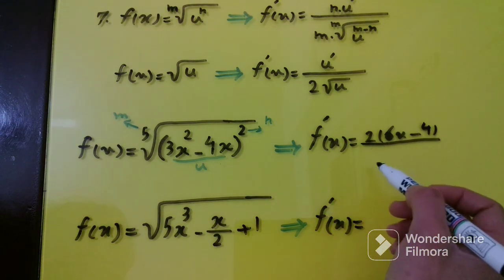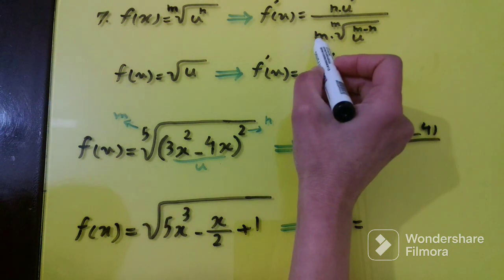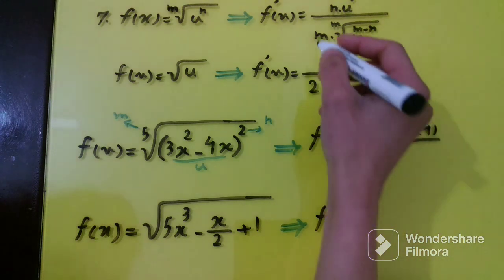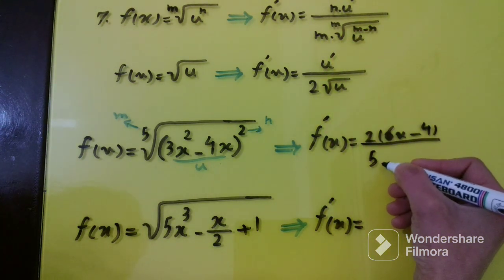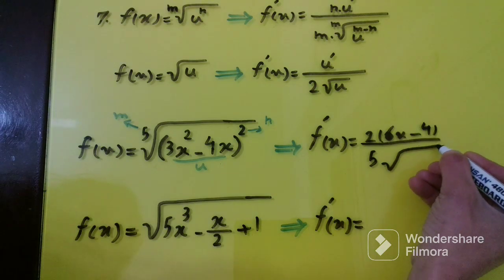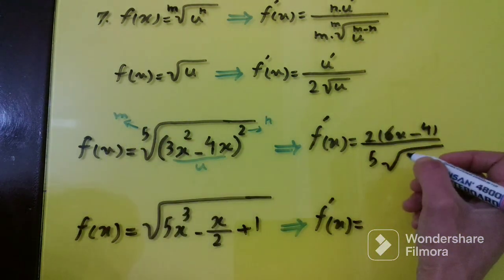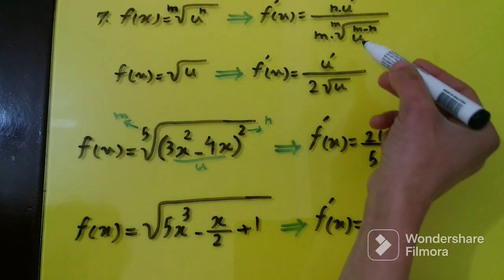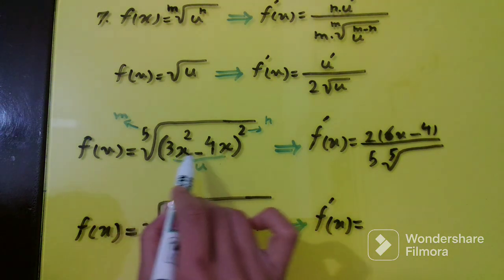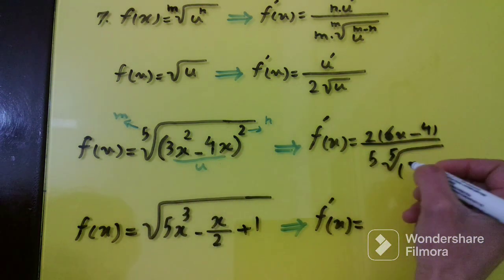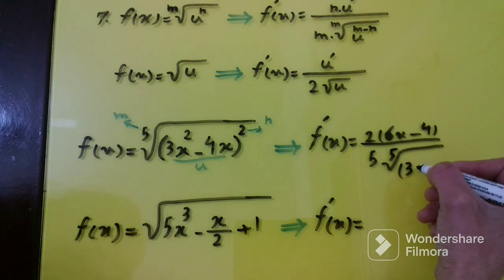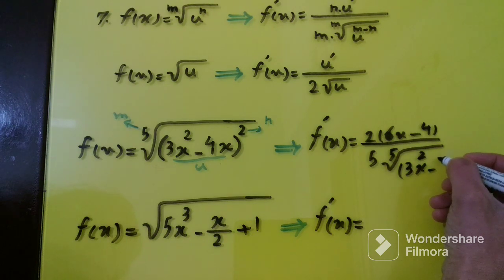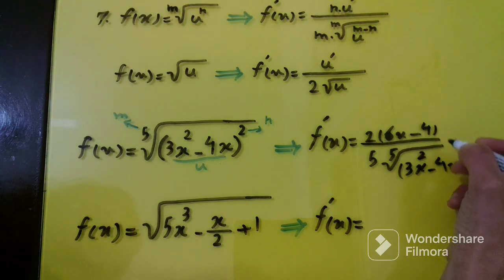And for down, we have m. m is 5 times u, repeat u, 3x squared minus 4x.